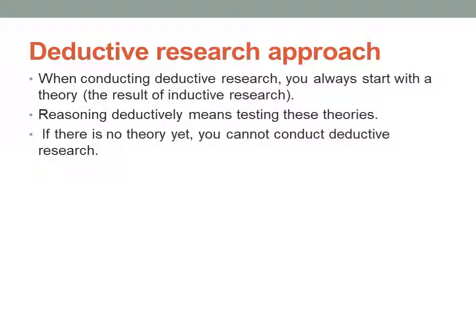The deductive approach. When you conduct a deductive research approach, you always start with a theory. This theory usually comes from inductive research. So that is why I say when you improve technology, you can either prove an inductive research or invalidate it based upon different newly developed techniques, or whether the original researcher has missed something, you can always rectify it.